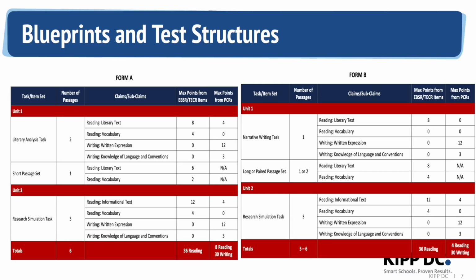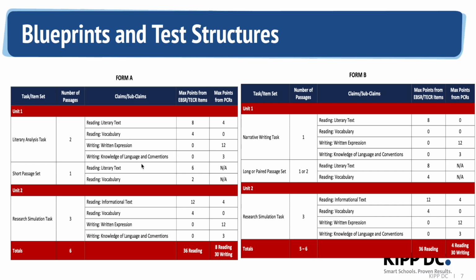Let's look a little closer. Look at Form A. Students with this form will look at 2 passages in the literary analysis task. The questions that they'll get will be a combination of multiple choice and tech-enhanced. You see a total up to 8, where max points are 4. They'll have vocabulary questions, and they'll also have an open-ended question.